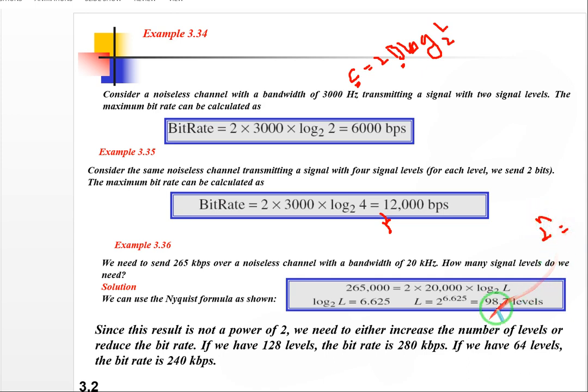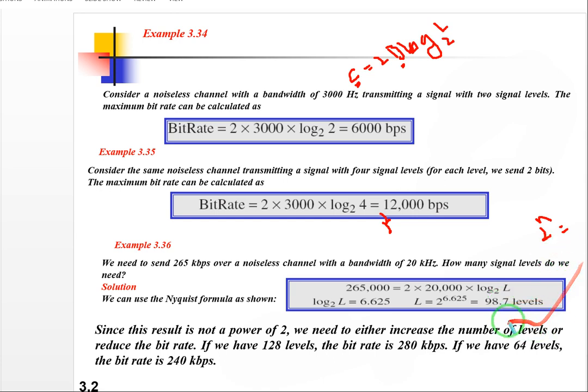So if the result is not 2 raised to power n, we can increase this number or decrease it. If you take 2 raised to power 7: 2 multiplied by 2 is 4, 4 multiplied by 2 is 8, 8 multiplied by 2 is 16, 16 multiplied by 2 is 32, 32 multiplied by 2 is 64, and 64 multiplied by 2 is 128.